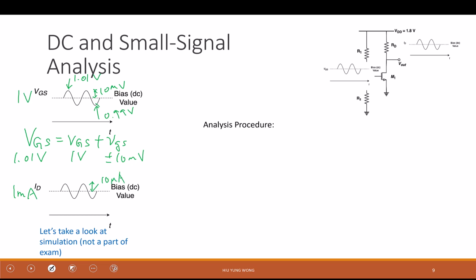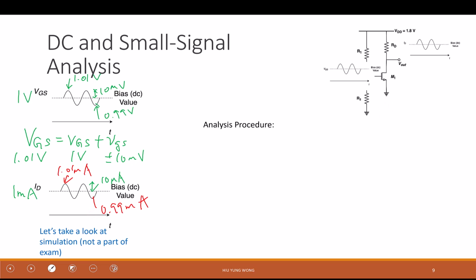So your current actually changed from maybe 1.01 milliampere to 0.99 milliampere.